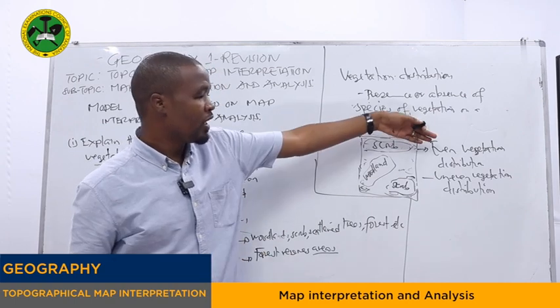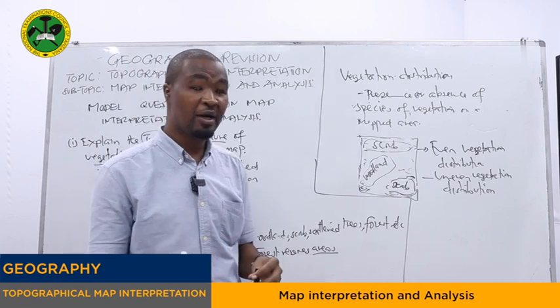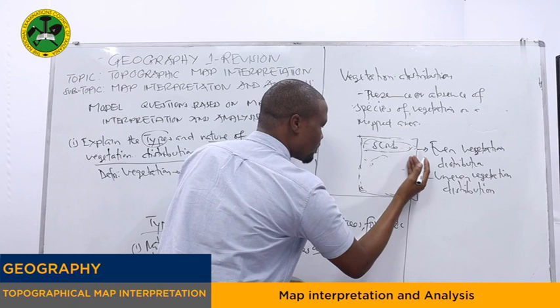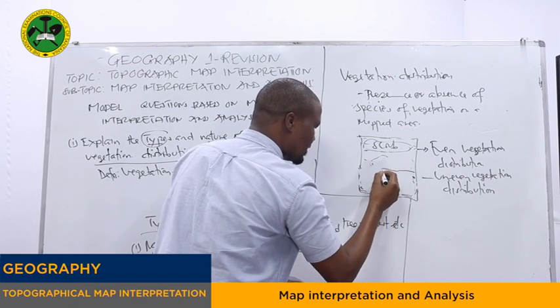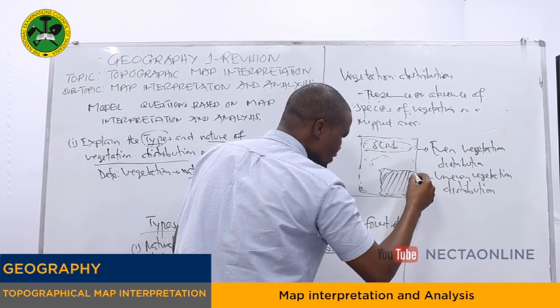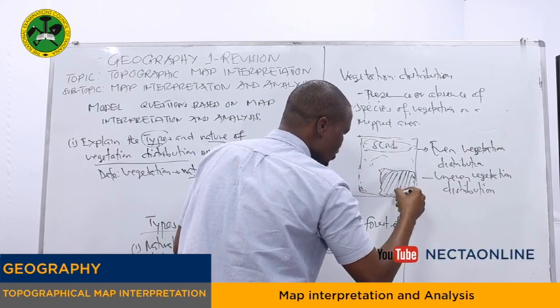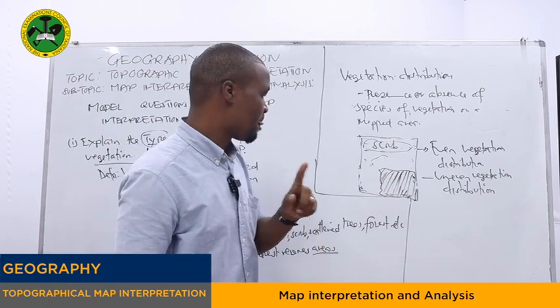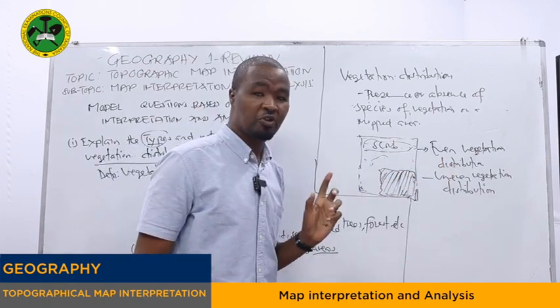But sometimes we have even vegetation distribution in some part of the mapped area. For instance, let's say you found vegetation maybe at this part right here. It covers all over this part. You may find at the southern eastern part of my map, there is even vegetation distribution. Why?